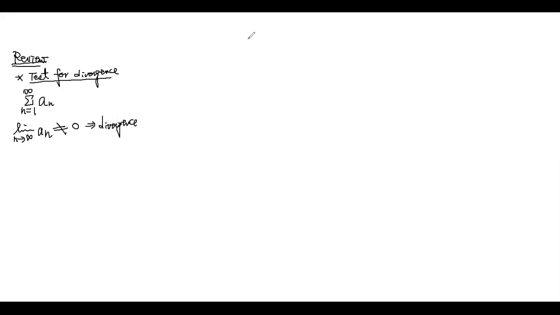It's very important: if it's not equal to 0, it's divergent. And a lot of students are very confused about this fact.